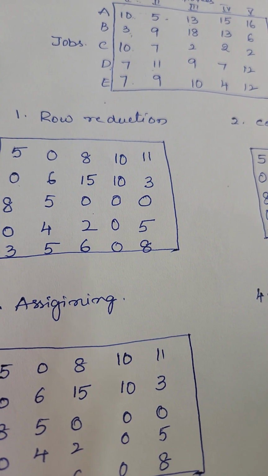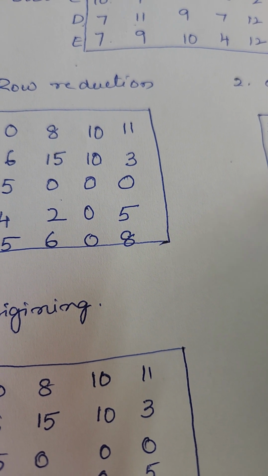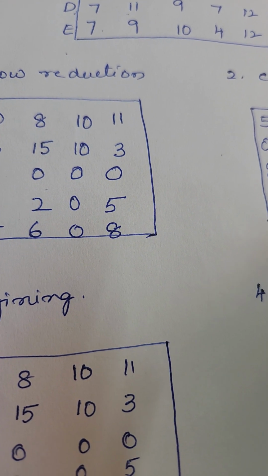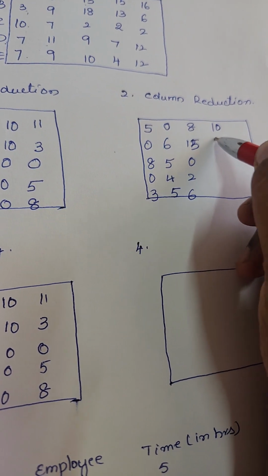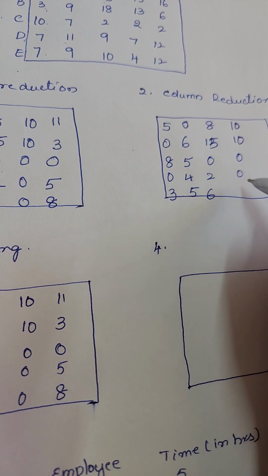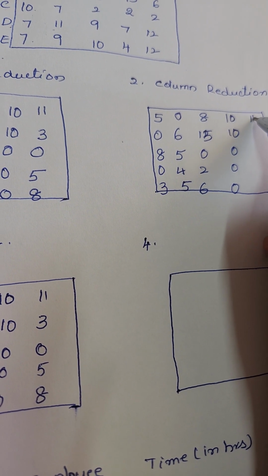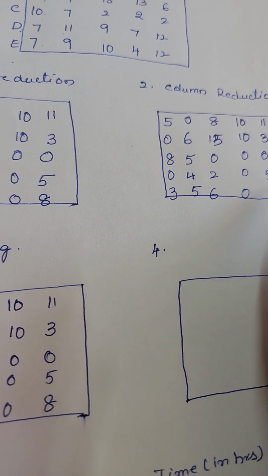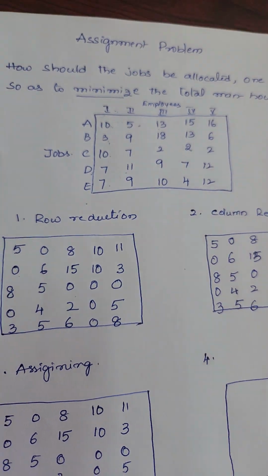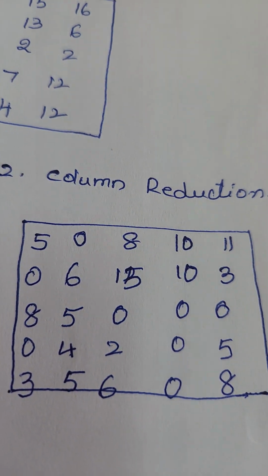In the third column also 0 is there, so all the elements are as they are. In the fourth column also having 0, so all the elements are as they are, because we are subtracting 0. And the fifth column also has 0, so all the elements are as they are. So this is row reduction and this is column reduction.